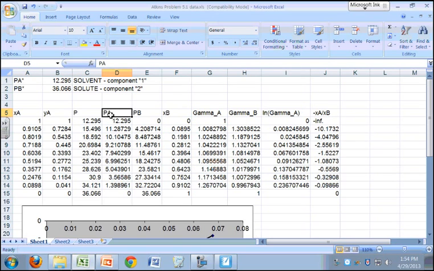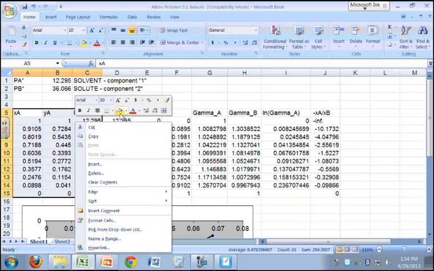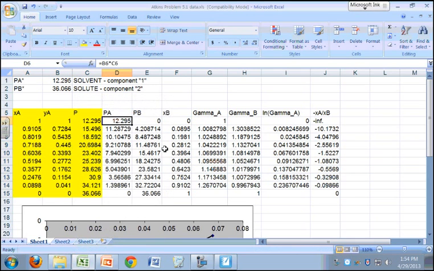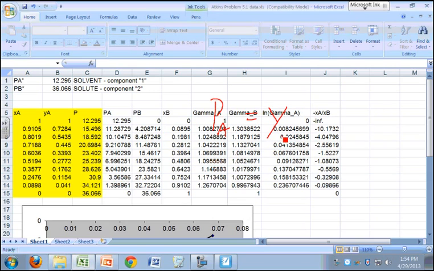Here, remember this is our data, let me highlight the actual data. From the data, you can calculate the partial pressure of A in the vapor, and that is simply the mole fraction of A in the vapor times the total pressure.